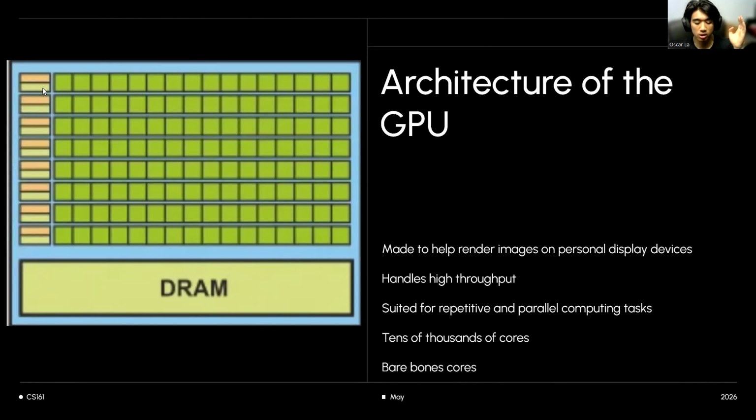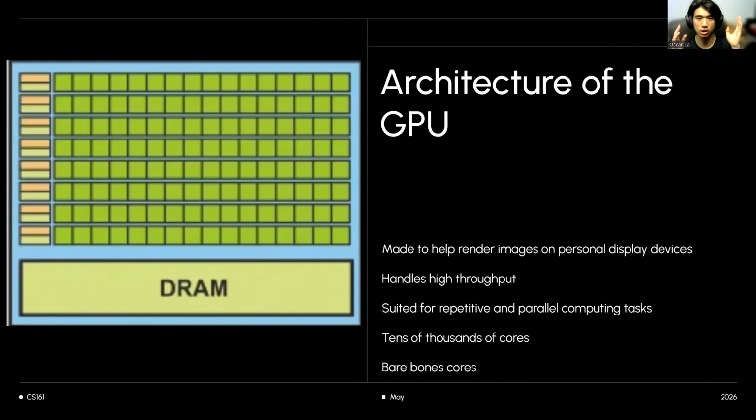And our cache, which is much smaller this time, as opposed to the cache that we had in our CPU. And this GPU, in the name graphics processing unit, was originally built to render images on display screens, but now it's used to do many things that we will talk about in the future.